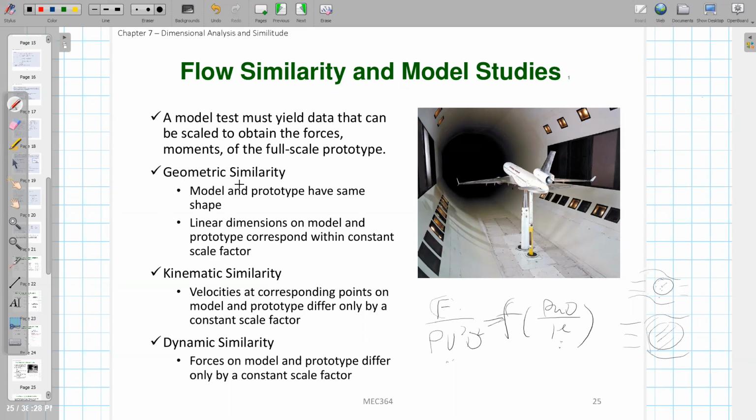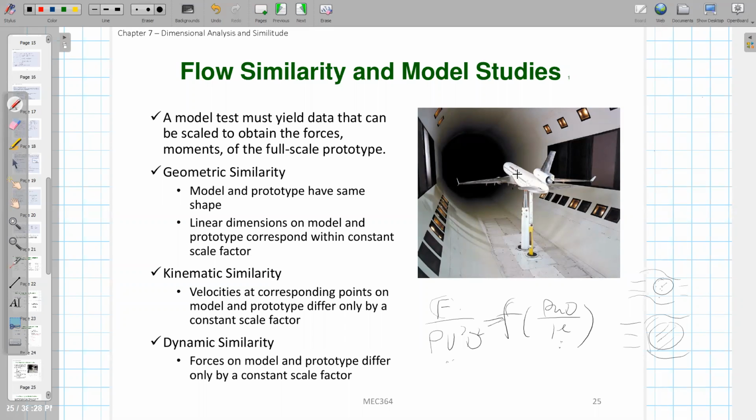The first thing you need to guarantee is that they are geometrically similar. What does this mean? The model airplane you put in the wind tunnel has exactly the same geometry as the realistic airplane. You just shrink the whole airplane with the same scaling factor.